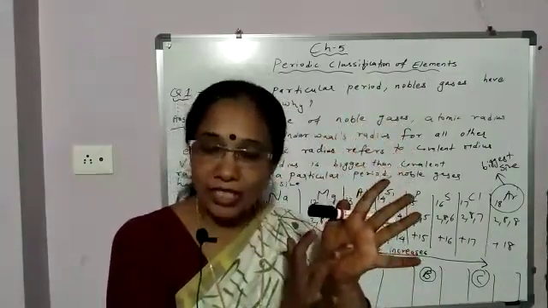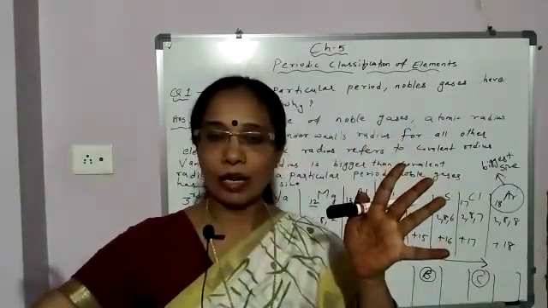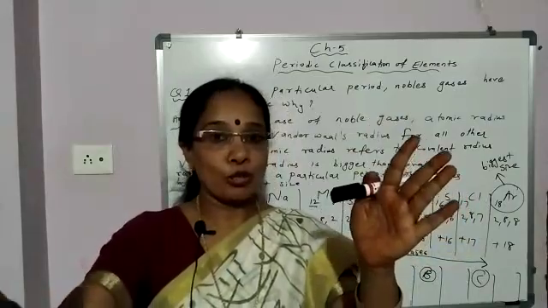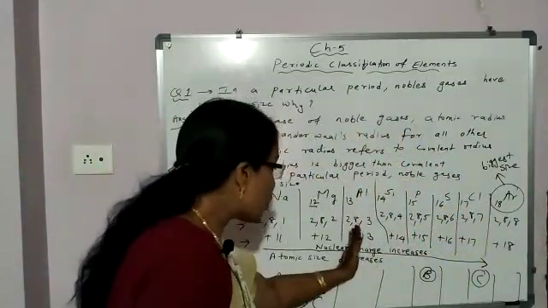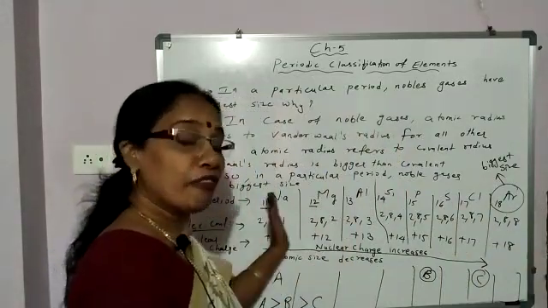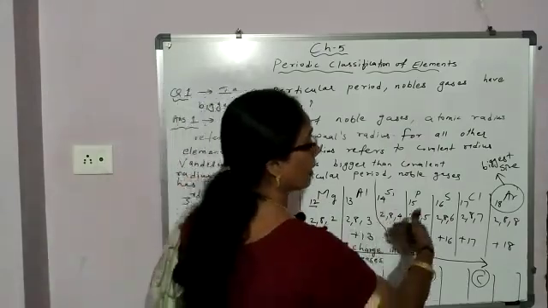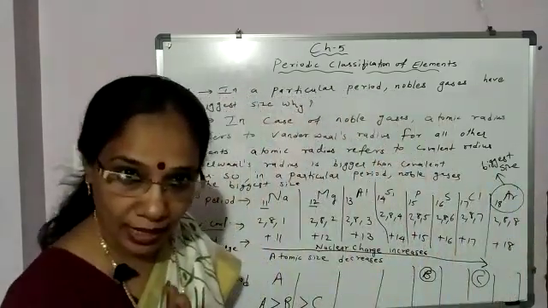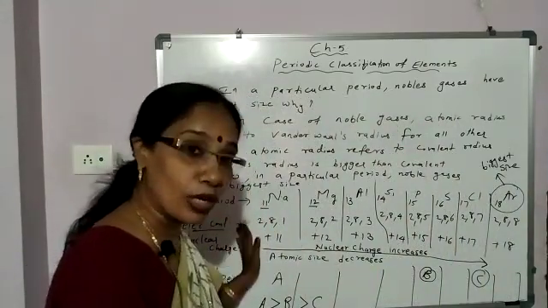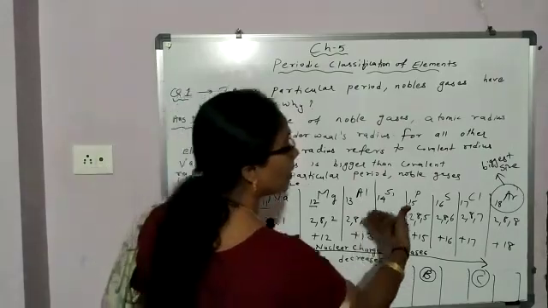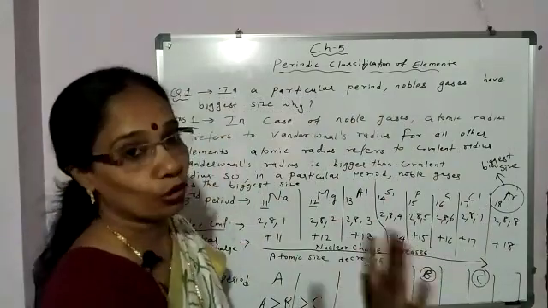And when nuclear charge increases, the force of attraction between the nucleus and the electrons in the outermost shell increases, so size decreases. So in a particular period, the element on the extreme left will have the biggest size, and the element on the extreme right will have the smallest size. Why does the extreme left element have the biggest size? Because nuclear charge is less. And why does the extreme right element have the smallest size? Because nuclear charge is more.